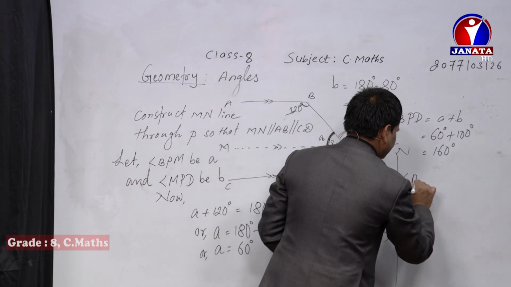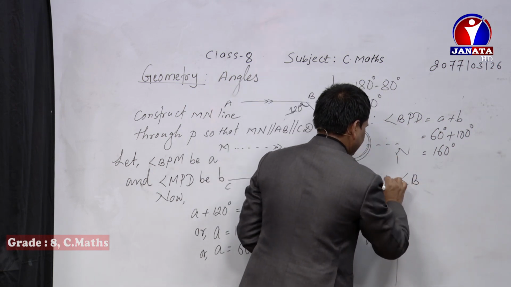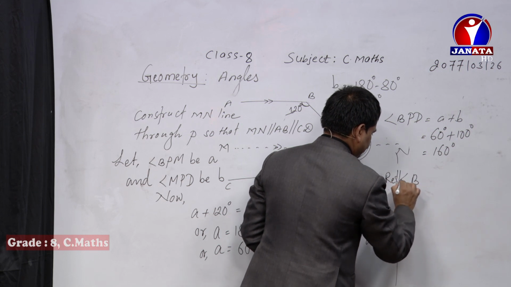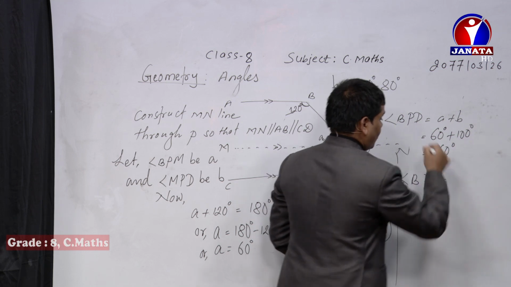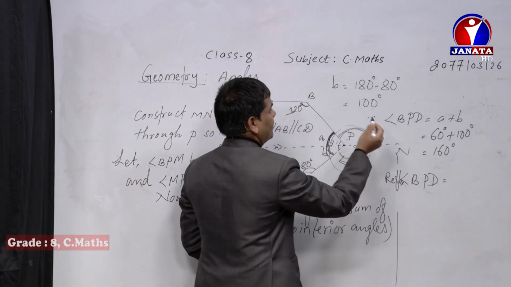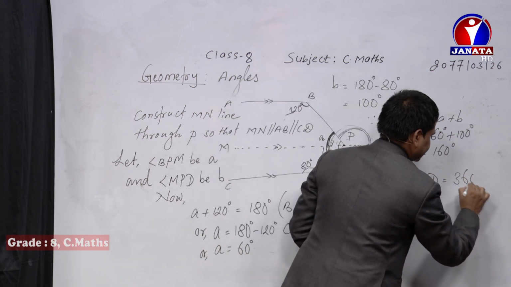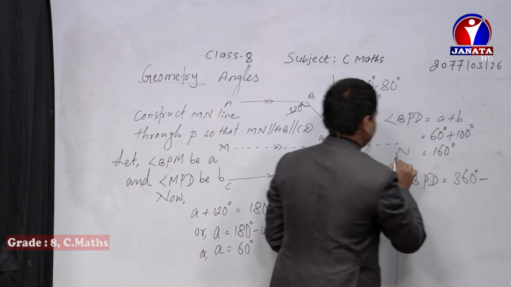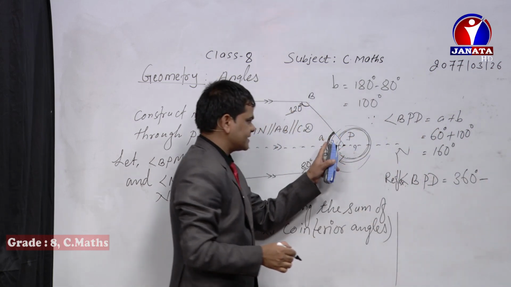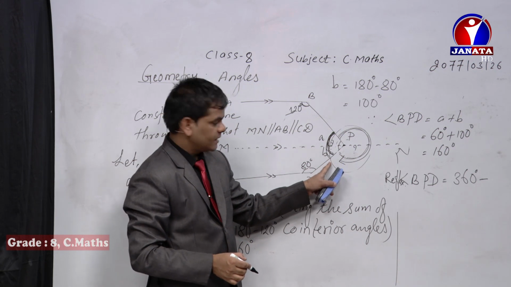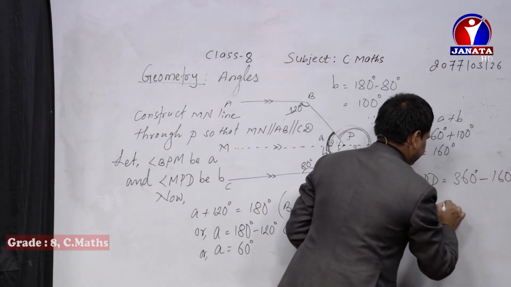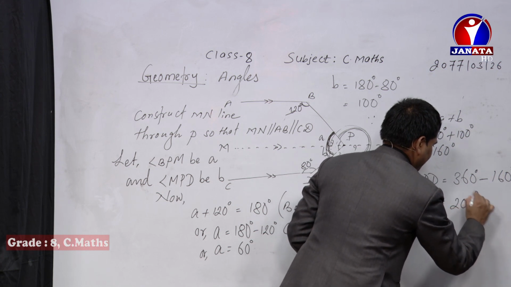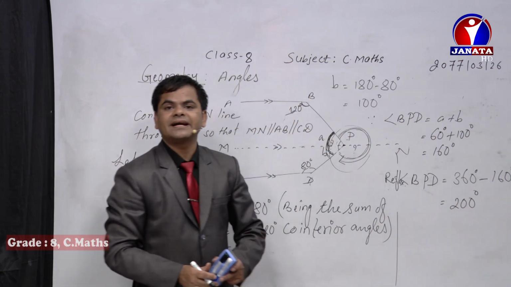Reflex angle BPD equals, altogether at a point there will be how many degrees? 360 degrees. Now subtract the value of this side, which we just got as 160 degrees, and we will have the value of reflex angle BPD as 200 degrees.